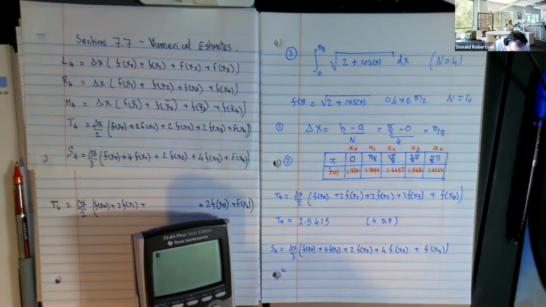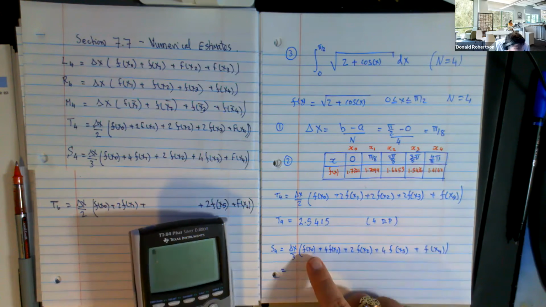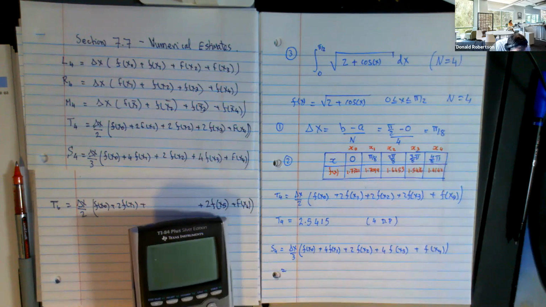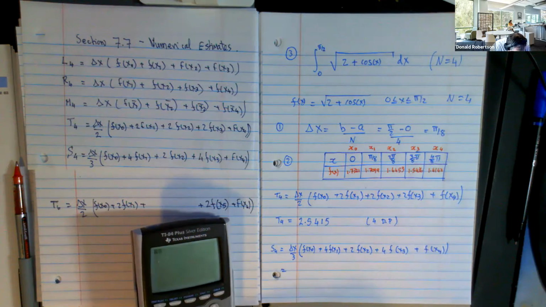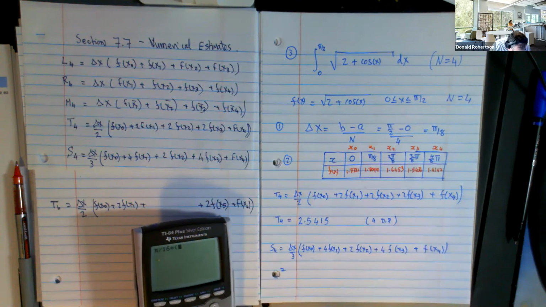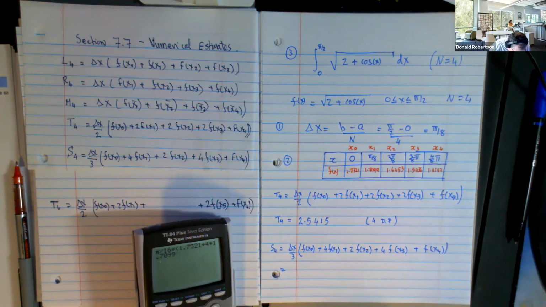So it's going to be delta X divided, so that's pi over 16 again. Then go times a bracket, one of the first fellas, times 4 of the next guy, plus 2 times the next guy.